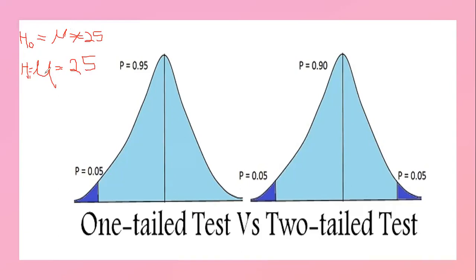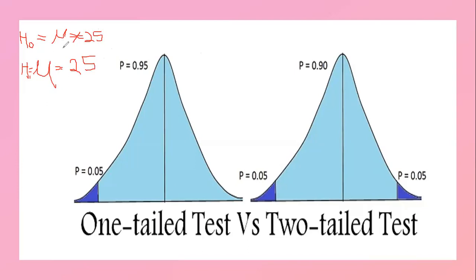So what does this mean? Consider the average scores of students in the first semester. We need to find out whether the average score of the students is equal to 25. That is the working hypothesis.